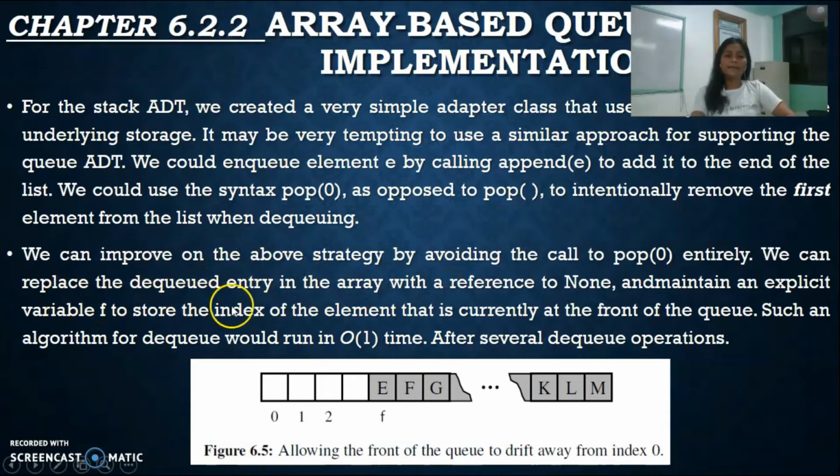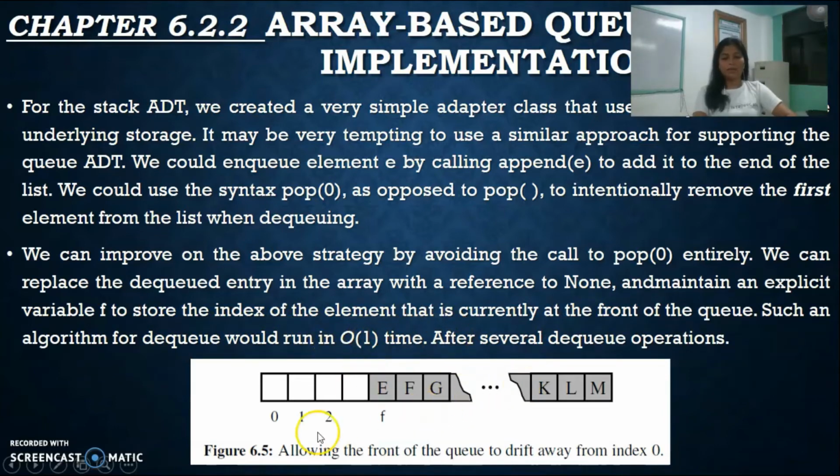We can improve on the above strategy by avoiding the call to pop(0) entirely. We can replace the dequeued entry in the array with a reference to None, and maintain an explicit variable f to store the index of the element that is currently at the front of the queue. Such an algorithm for dequeue would run in O(1) time.